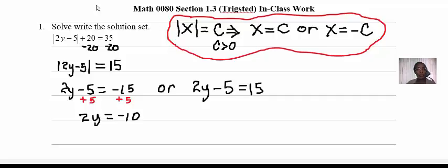If I divide both sides of this equation by 2, then I find out that y has to be negative 5.